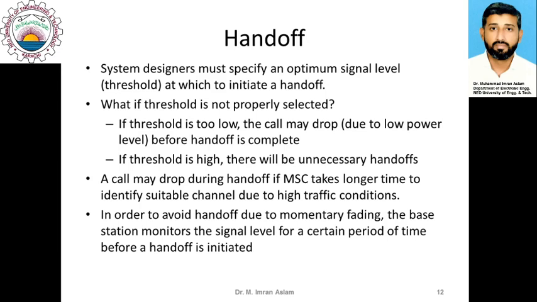Sometimes it happens that the MSC starts the handoff procedure. For example, a mobile is moving from the coverage region of a cell into the coverage region of another cell, and the MSC initiates the handoff procedure, but the new cell does not have any free channel. In that case, the MSC may have to wait for some time, or if there is heavy traffic loading, it may require additional computation.